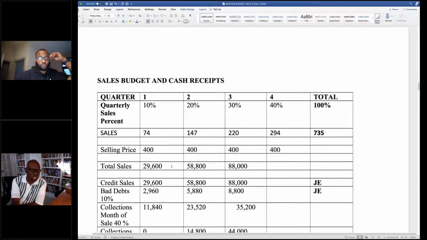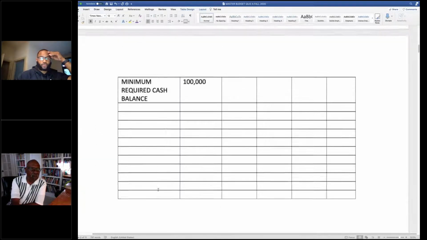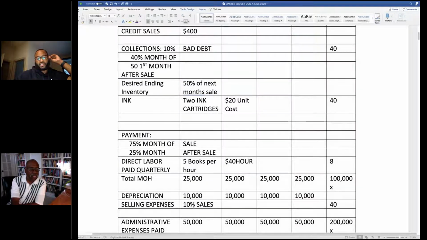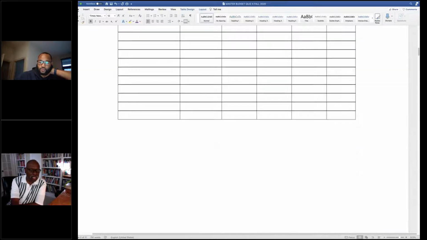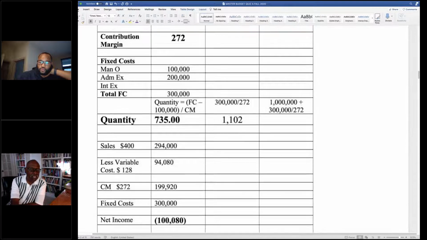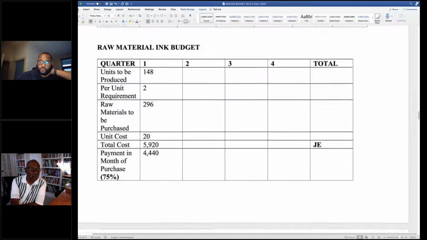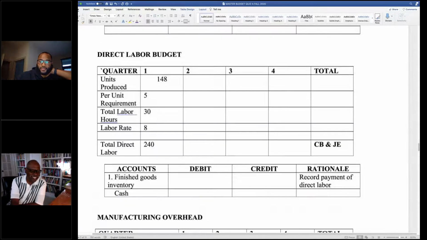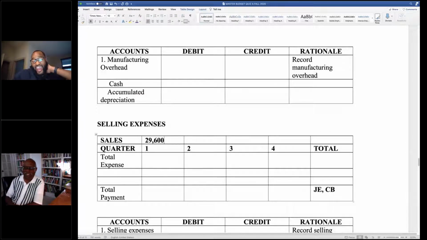If we sell 29,600, the salesmen want a commission. They want to be paid. They want 10%. They made the sales, pay them their money. Where you'd be if you sold $29,600 worth of stuff.